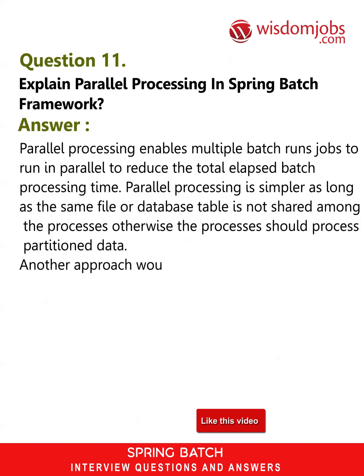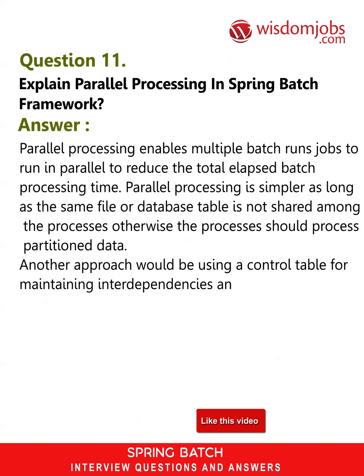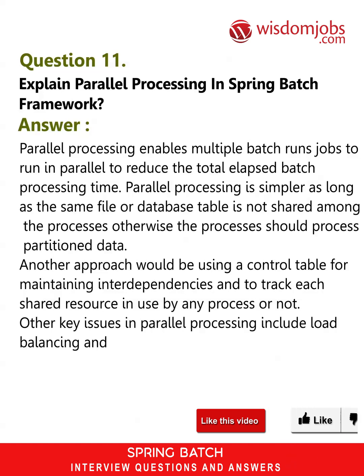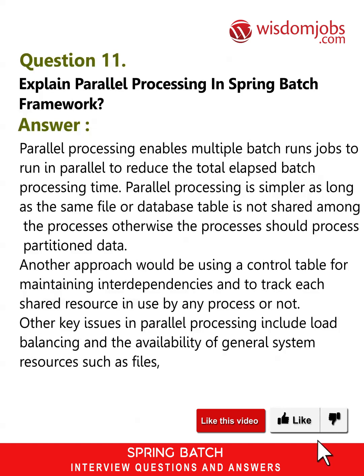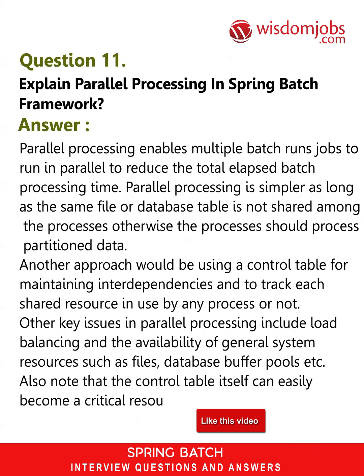Another approach would be using a control table for maintaining interdependencies and to track each shared resource in use by any process or not. Other key issues in parallel processing include load balancing and the availability of general system resources such as files, database buffer pools etc. Also note that the control table itself can easily become a critical resource.